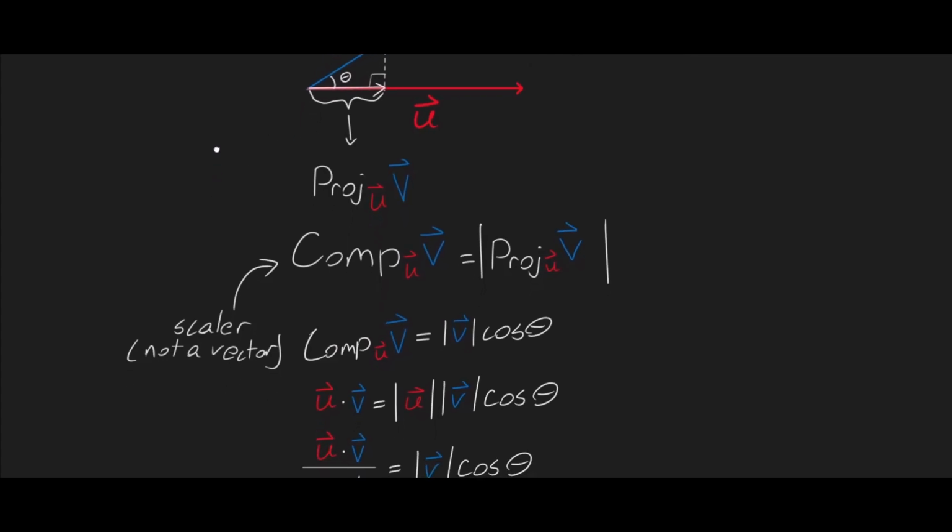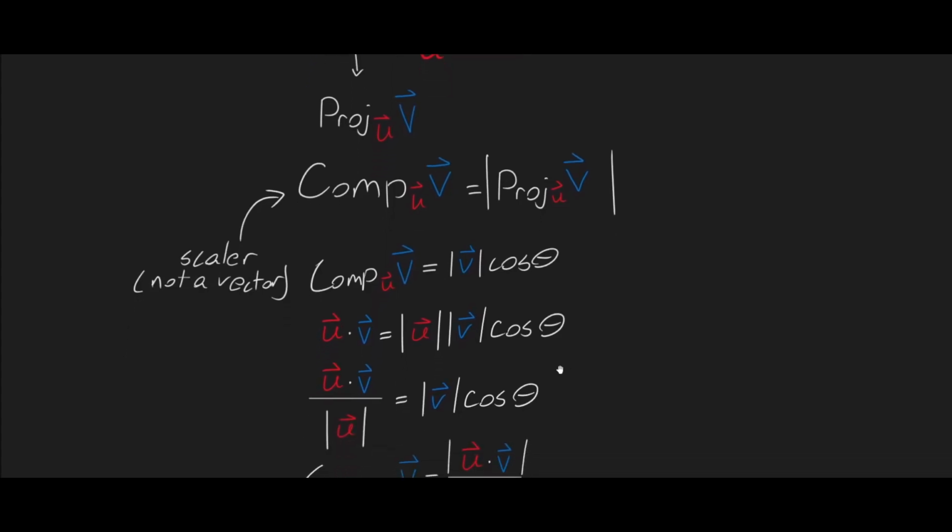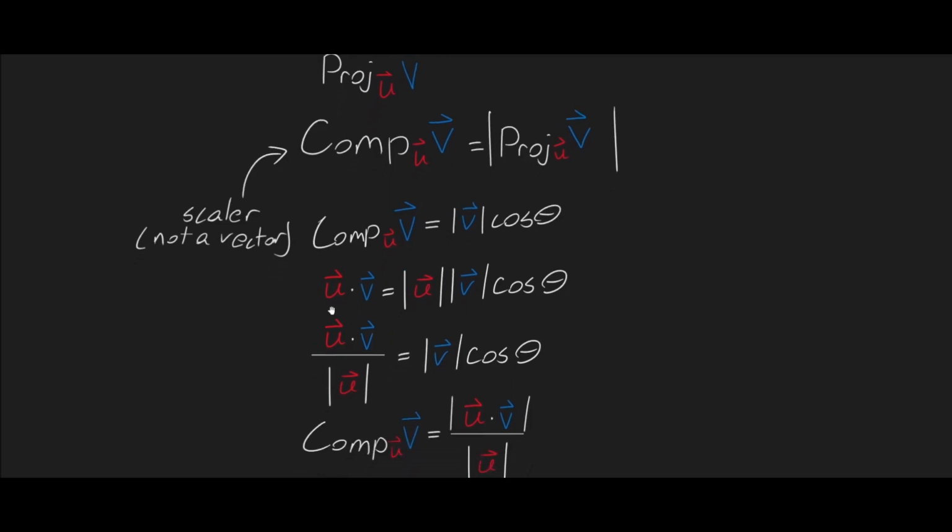Using that, we also know that the dot product between the two vectors is equal to the magnitude of u times the magnitude of v times cosine of theta. Then we can divide both sides of this equation by the magnitude of u, and we get this new equation.